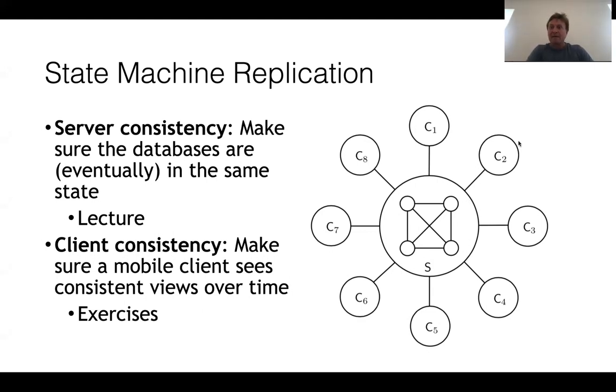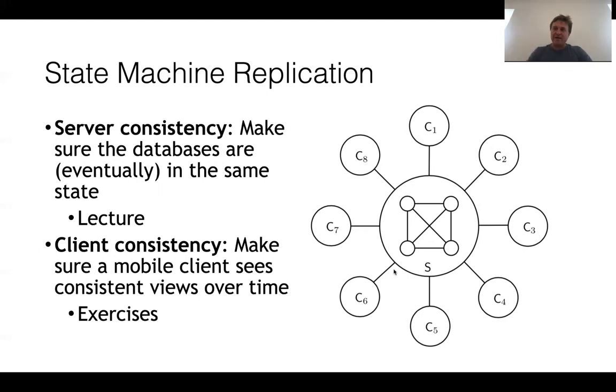It could also be a web page where I put something in my shopping wagon, and then I can check it out and it updates. And if I log into Amazon a week later and I get another server, I want to see the same view. So it's clients moving maybe between replicas. What we want is this one interface that makes it look like one system from the outside.